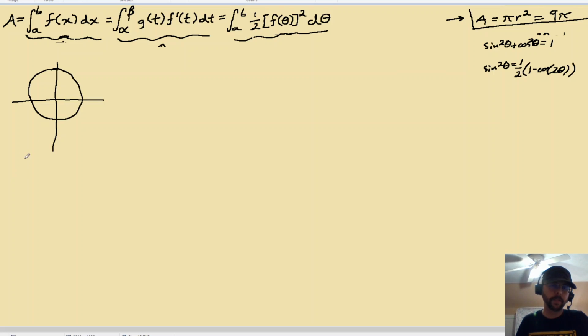And the equation is r equals 3. The way of writing points is r theta, and the formula is up here. The integral from a to b of 1/2 f of theta squared d theta.